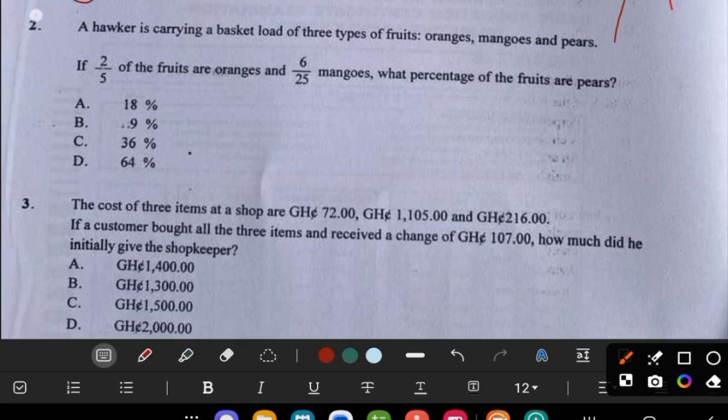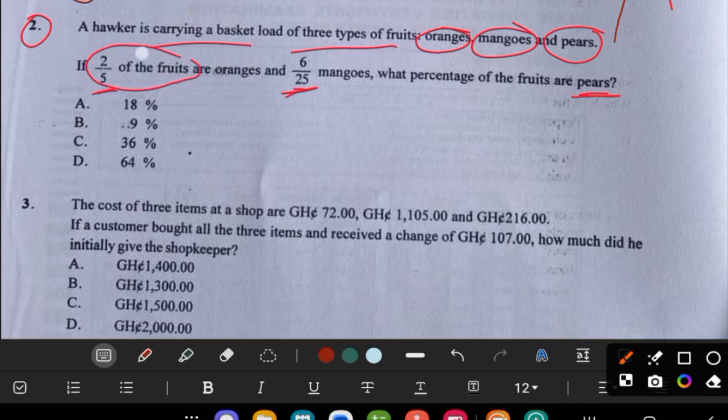Question 2. A hawker is carrying a basket load of 3 types of fruits. So we have oranges, mangoes, and then pears. Now, if 2/5 of the fruits are oranges, 6/25 are mangoes, what percentage of the fruits are pear? It says 2/5 of the fruits.